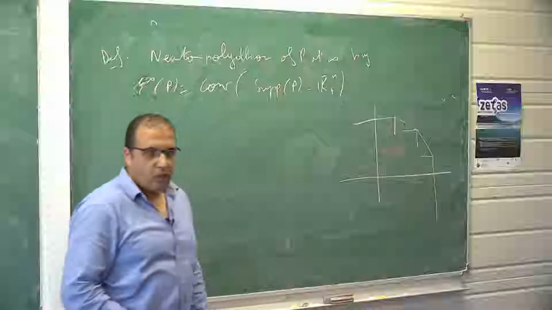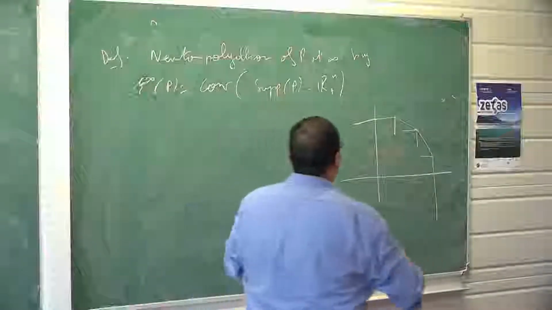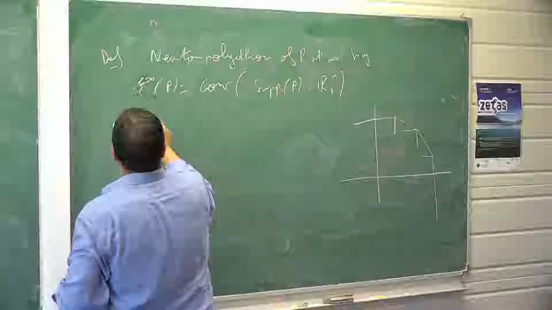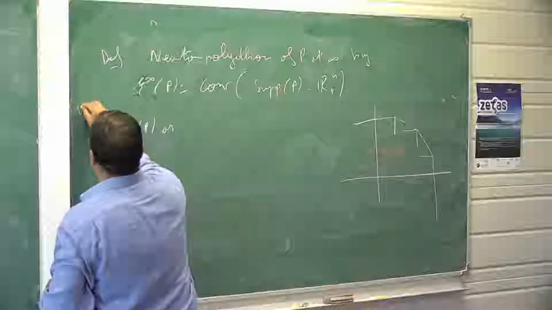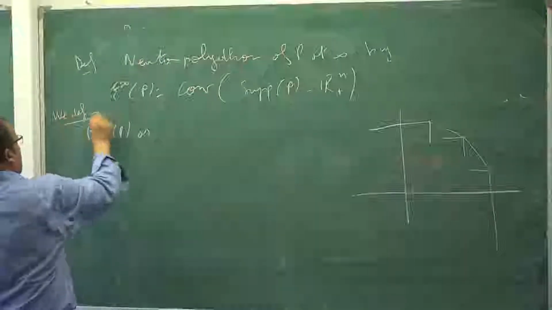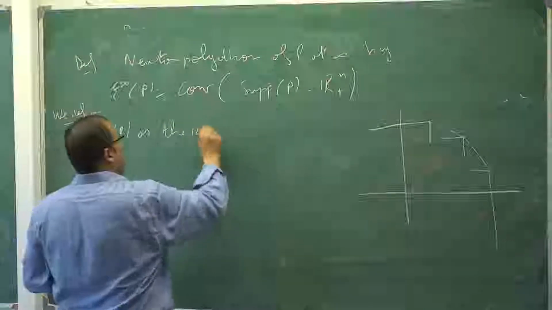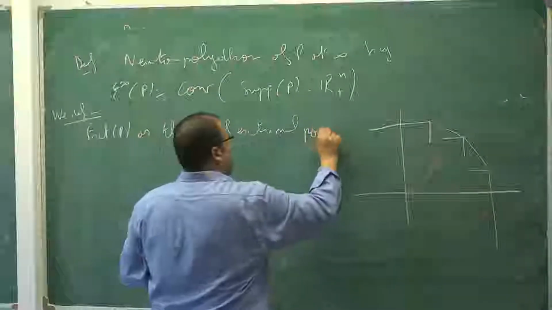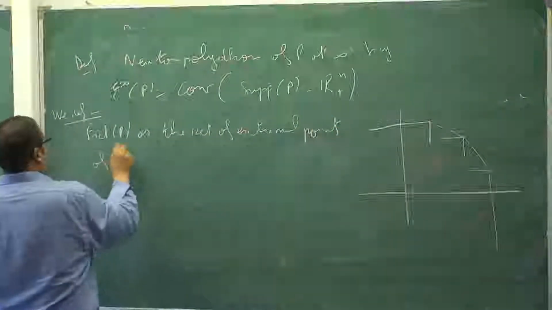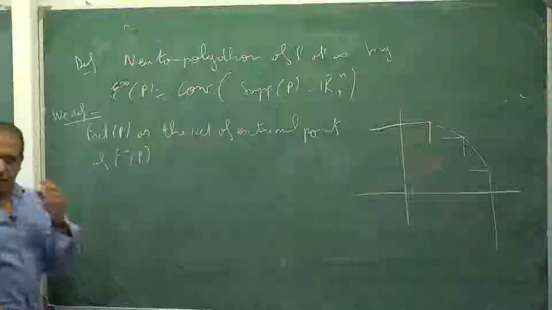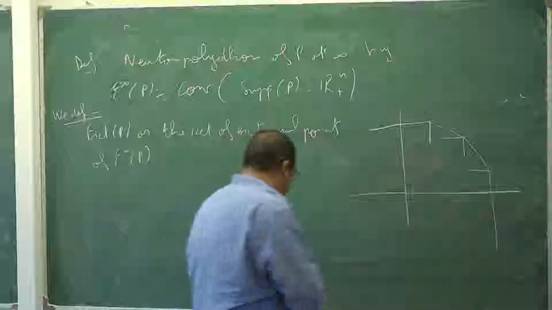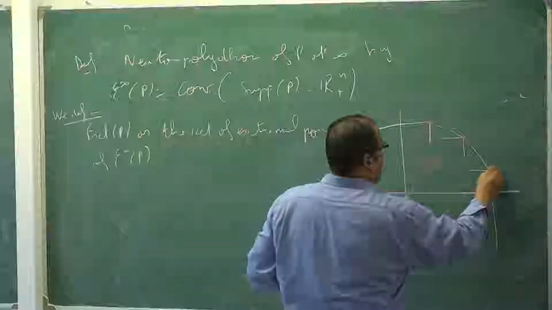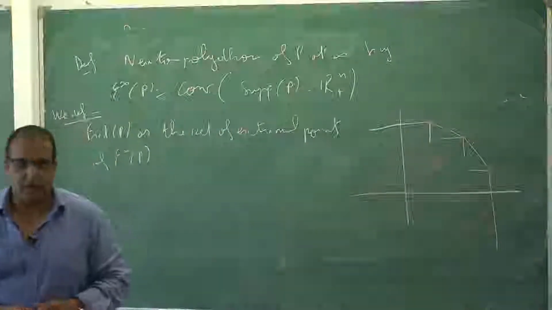And we are interested in the extremal points of this. We define XP as the set of extremal points of the Newton polyhedron. For example, in this case, you have one extremal point here, one extremal point here, and one extremal point here.